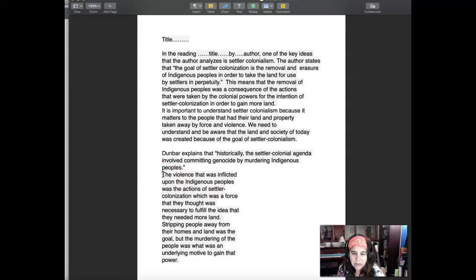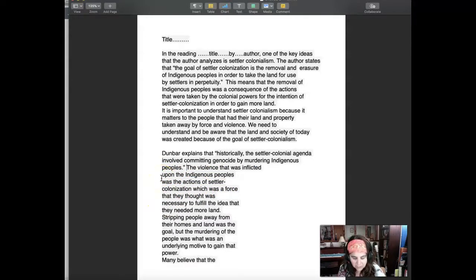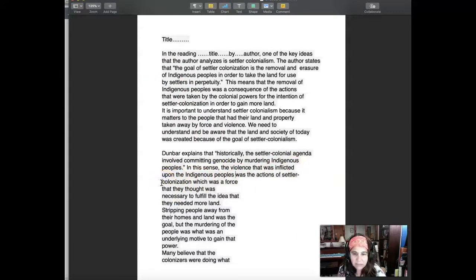And then she wrote this: the violence that was upon the indigenous people was the actions of the settler colonization. So in this sense, I'm just adding this connecting sentence and continue just using what was already written.